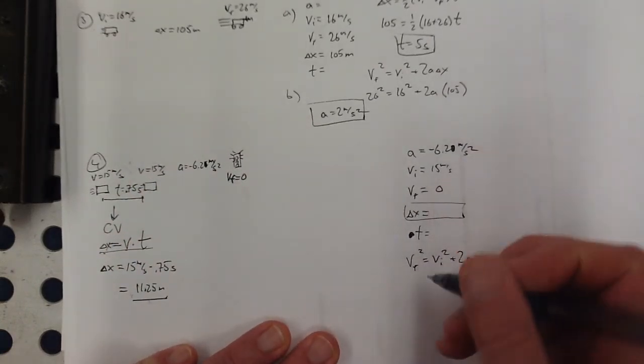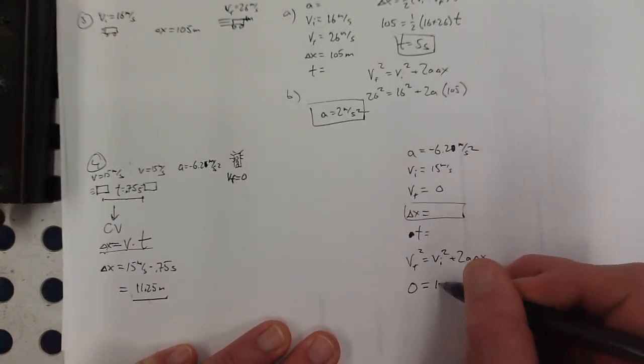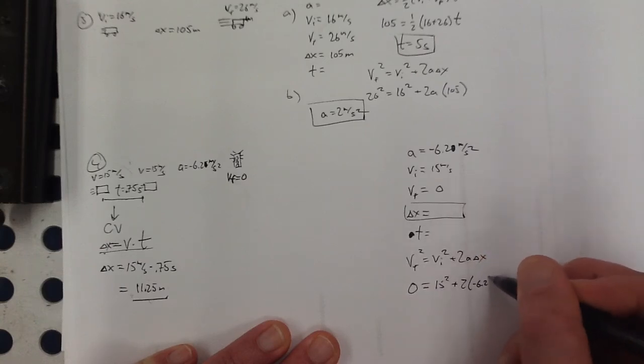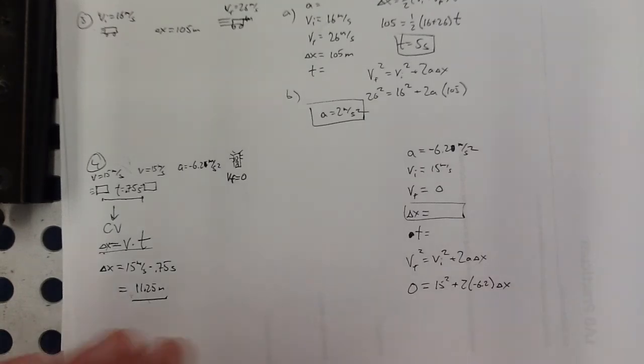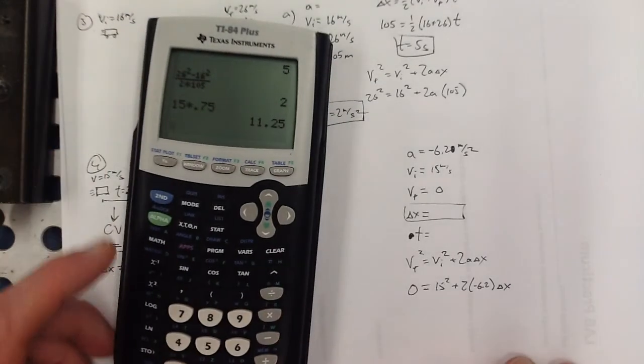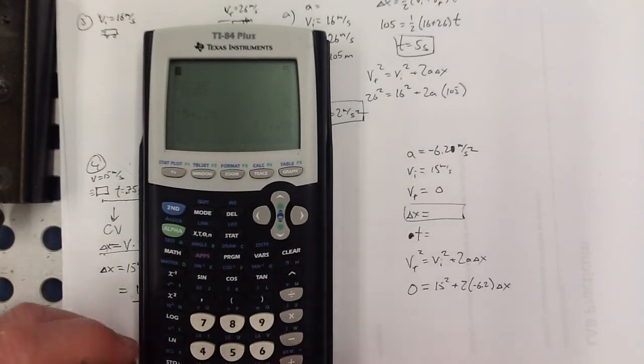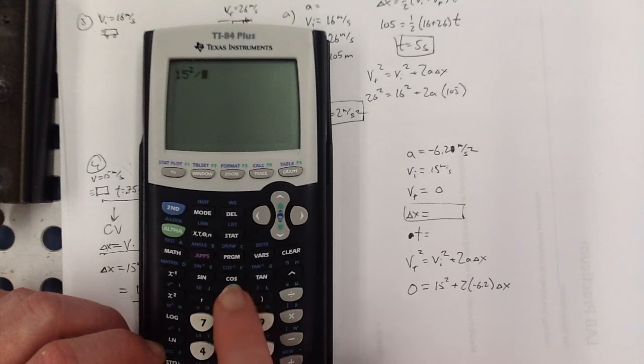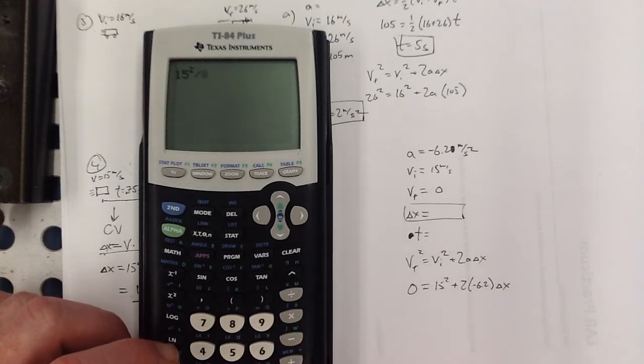How about over here? I got 0 is equal to 15 squared plus 2 times negative 6.2 delta x. So 15 squared divided by 2 times 6.2 is 12.4.